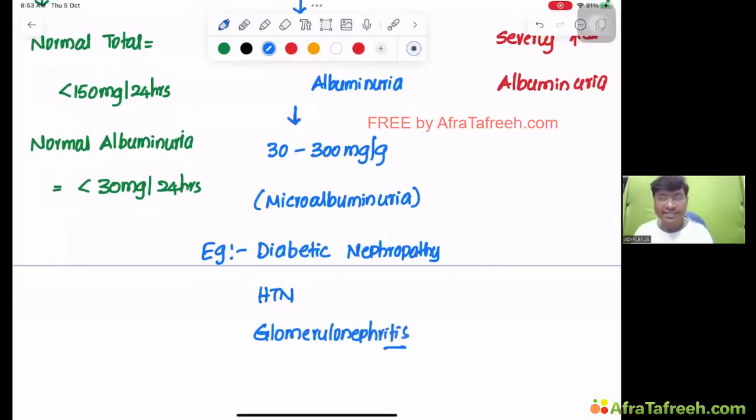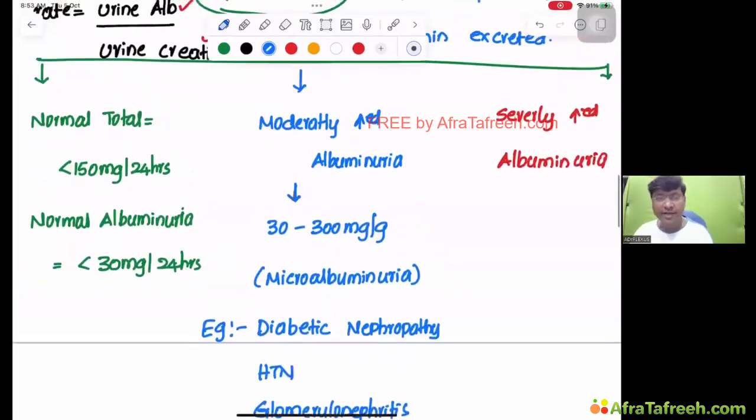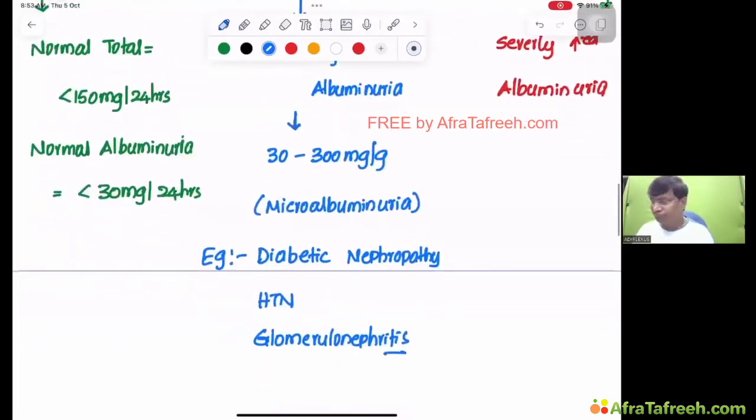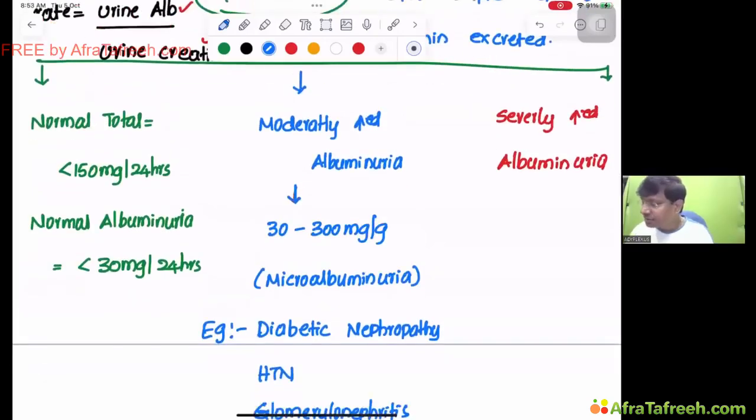So these are the conditions where you will have moderately increased albuminuria, which is nothing but 30 to 300 milligrams per gram.